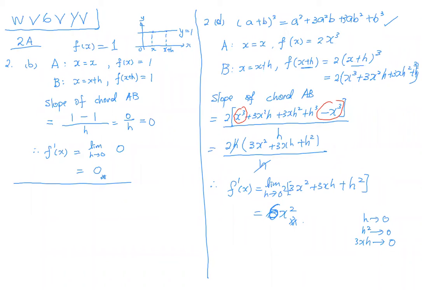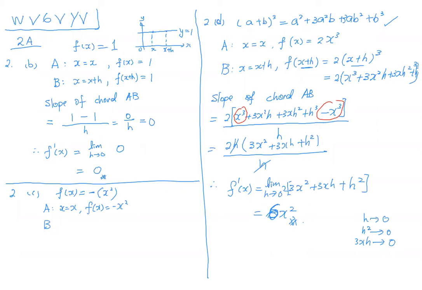Oh, okay. Okay, 2C, I can do it here. So same thing. What you need to do is you have to be very careful. This is negative x squared. So if your first point A, x equal to x, so your f(x) is negative x squared. Okay?